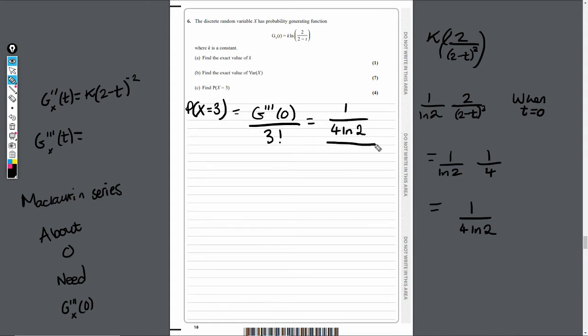And this is divided by 3 factorial, so that's 3 times 2 times 1, which is equal to 6. And if you've got 1 over 4 ln 2 divided by 6, that'll simplify to 1 over 24 ln 2. And then just put this into your calculator and get a value. So if I did this to 3 significant figures, you get 0.0601 to 3 significant figures. And there we have it, that's question 6, fully complete.